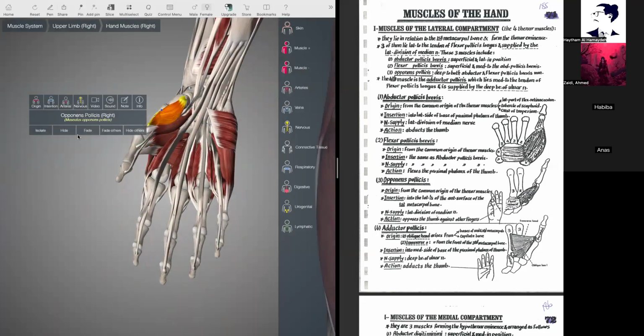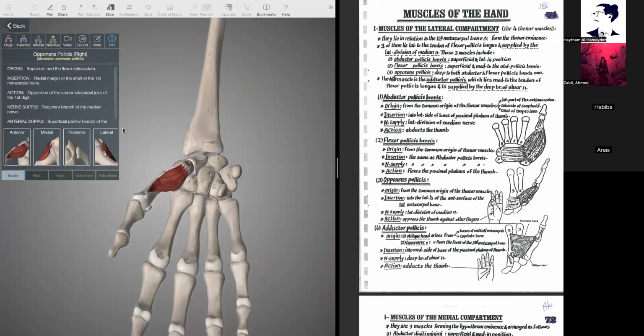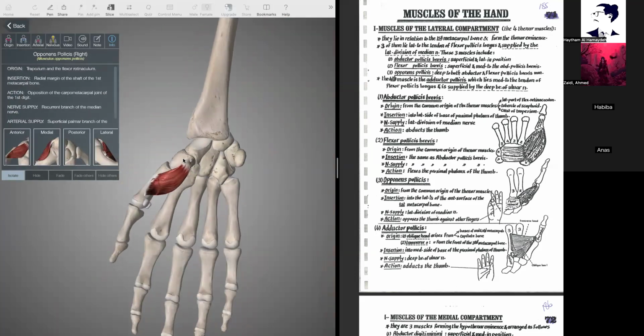Now, opponens pollicis, from trapezium to shaft of first metacarpal. Trapezium to shaft of first metacarpal.